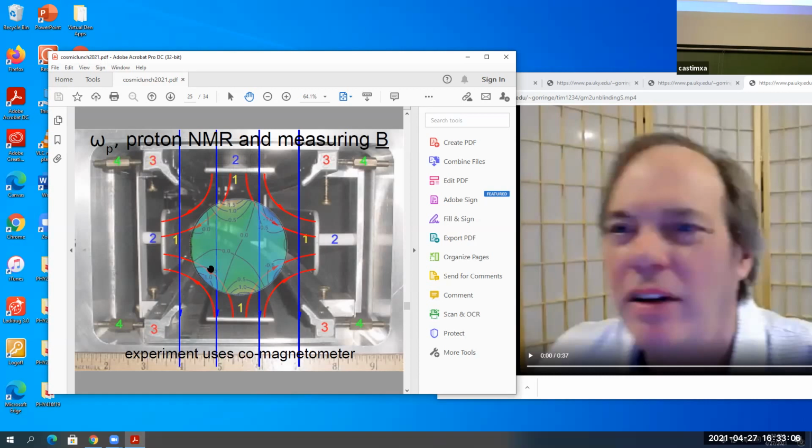You measure a frequency. So around that 50-foot diameter ring are hundreds of these probes. But they're outside the volume that the muons are in, because otherwise they would impede the motion of the muons. We then have a little rail car, a trolley.